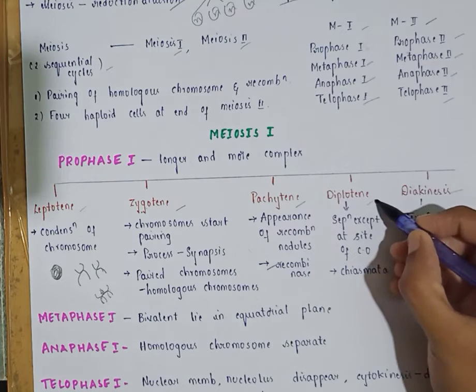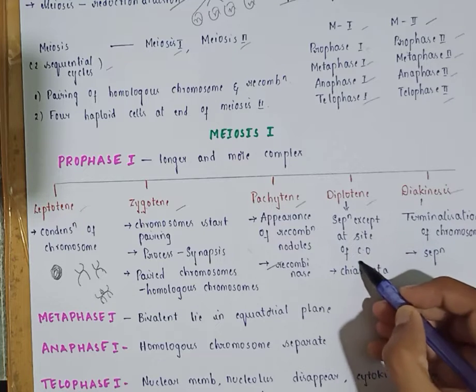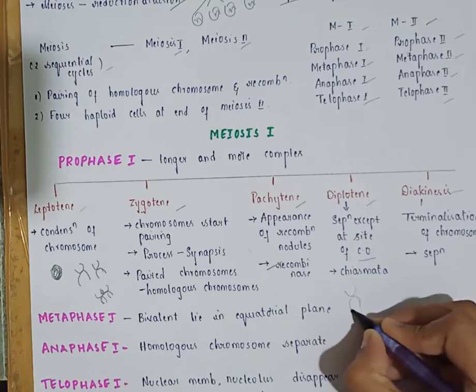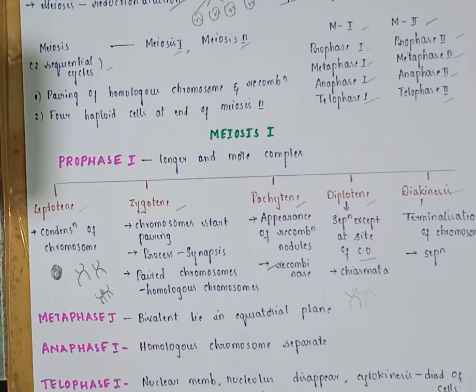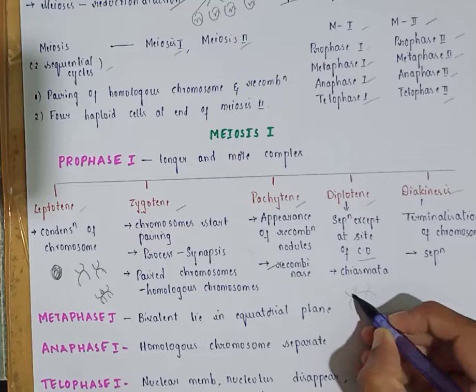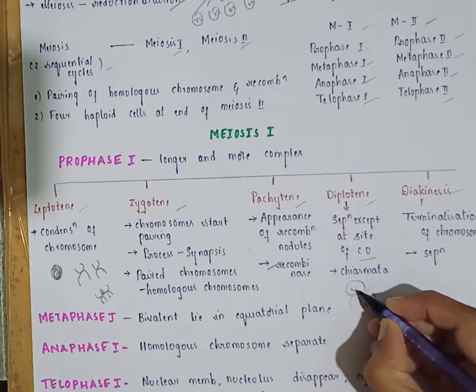And during the diplotene stage, separation of chromosomes occurs except at the site of crossing over. If these two chromosomes undergo crossing over or recombination, then during the diplotene stage, the chromosomes get separated except at the site of crossing over. So here is an X-shaped structure.